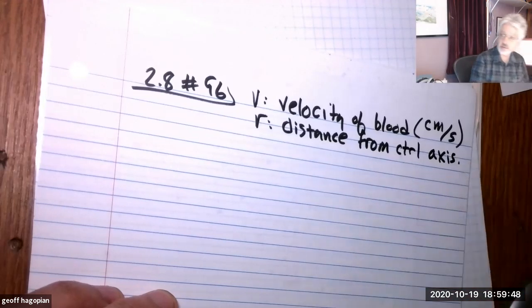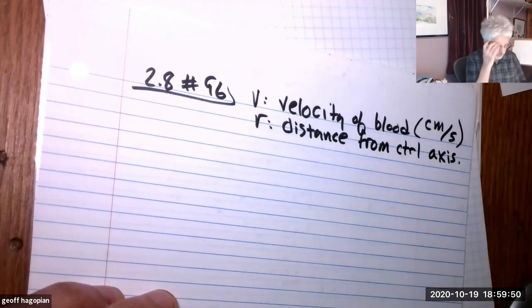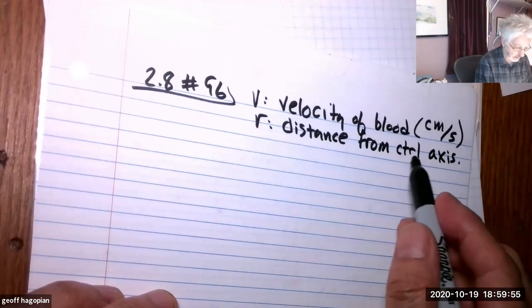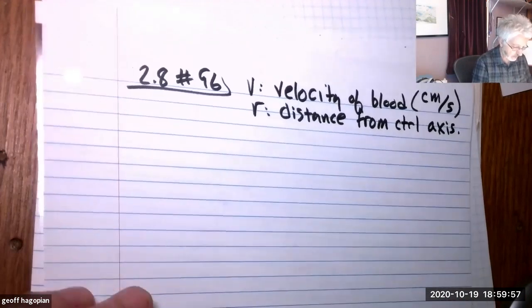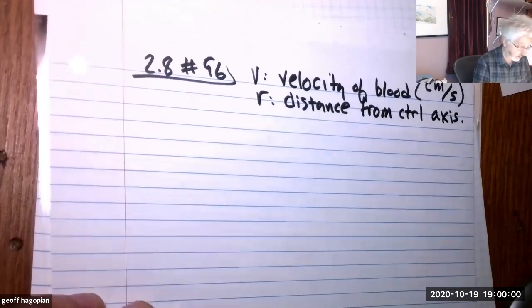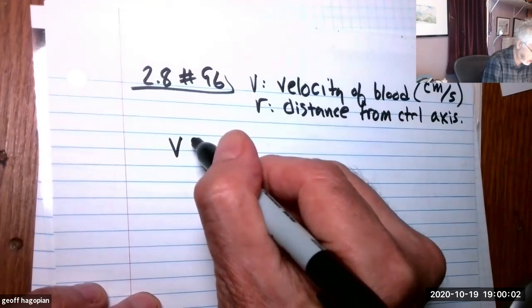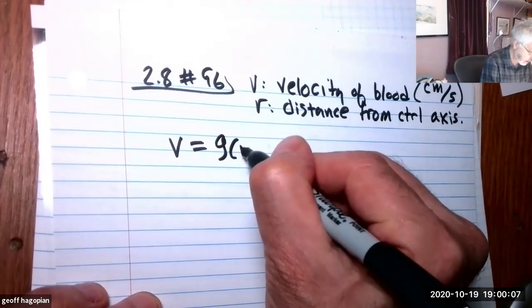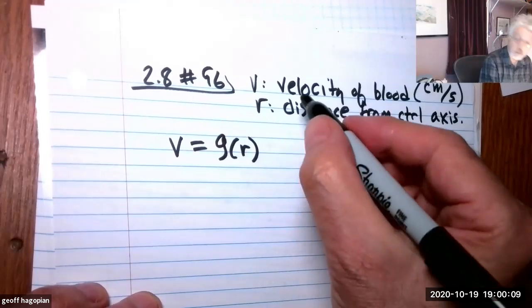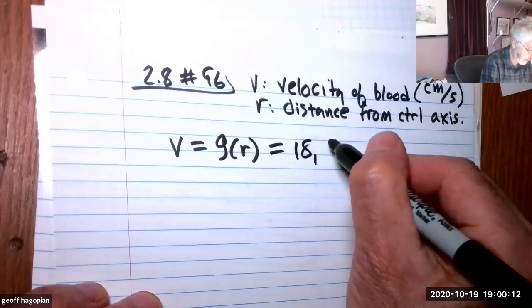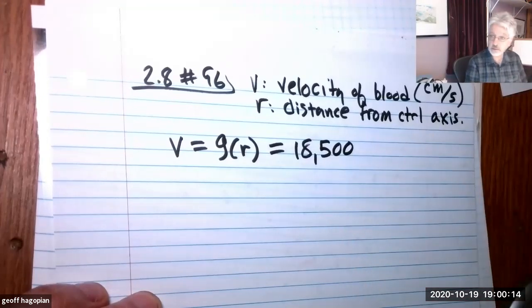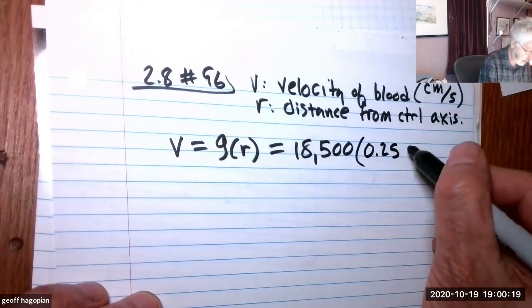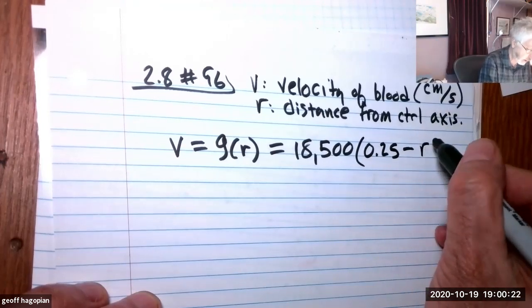I'm abbreviating central, okay? Central axis. So we get the velocity as a function of r, and they're writing the function as g, is 18,500. Wow, that's a lot of centimeters per second, times 0.25 minus r squared.